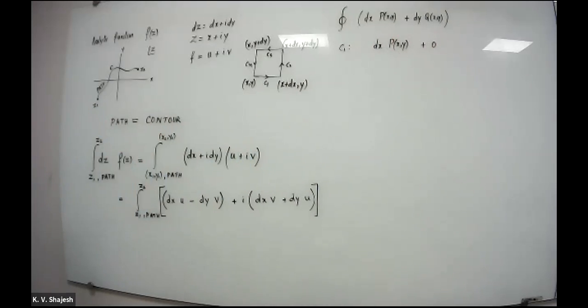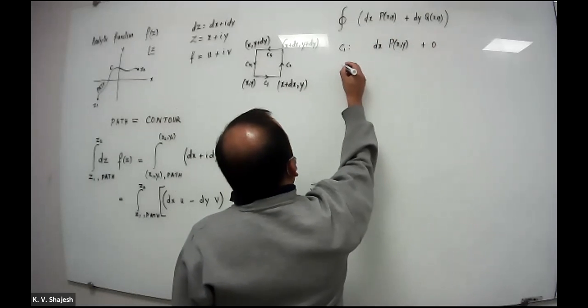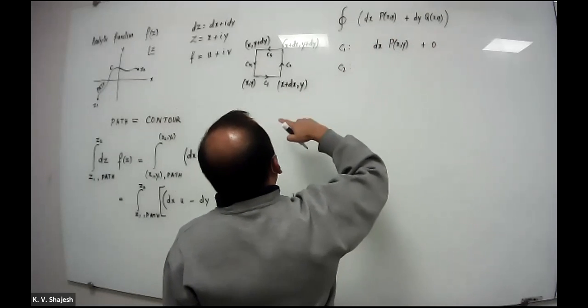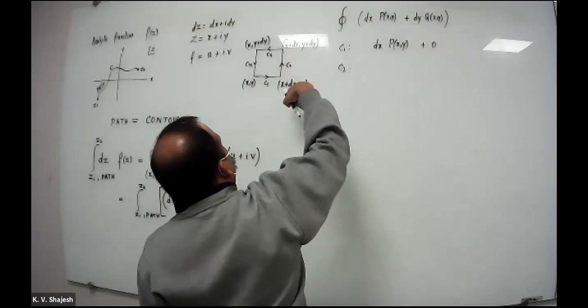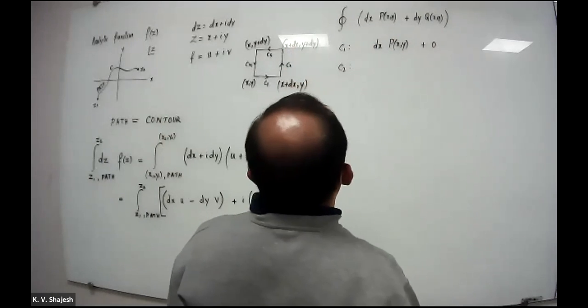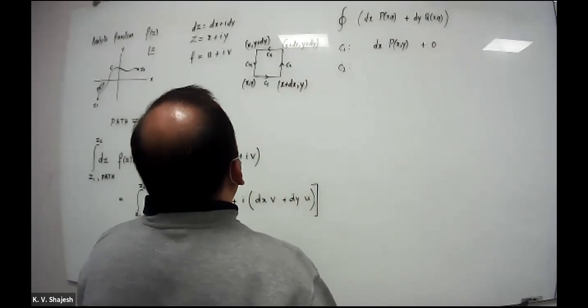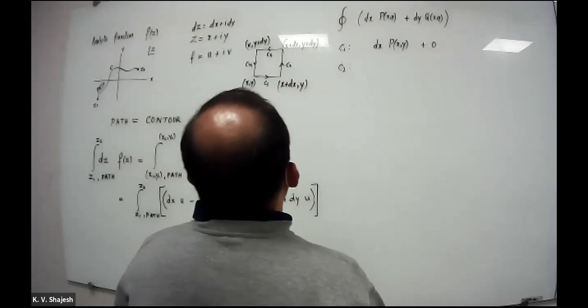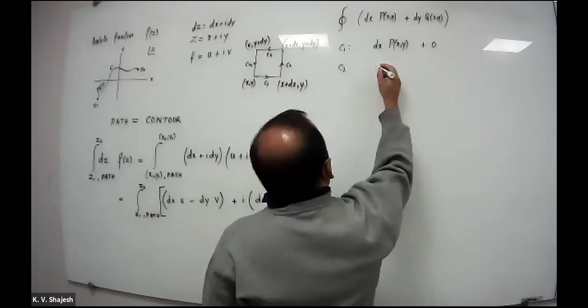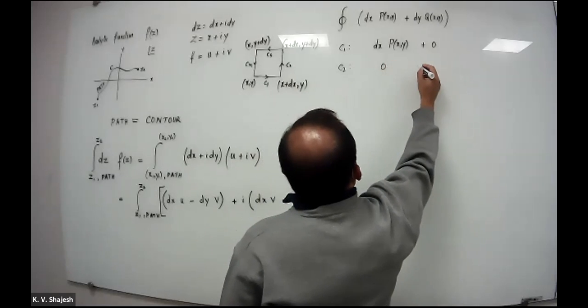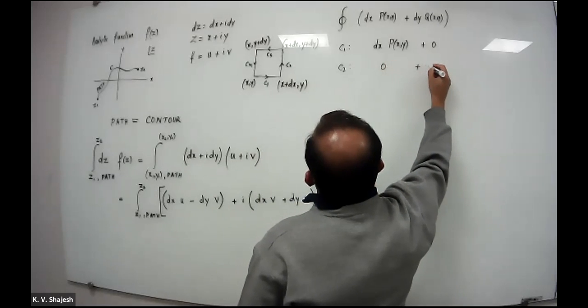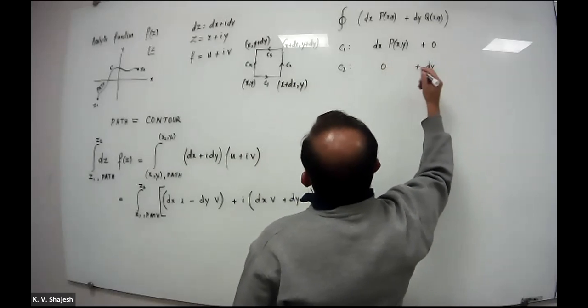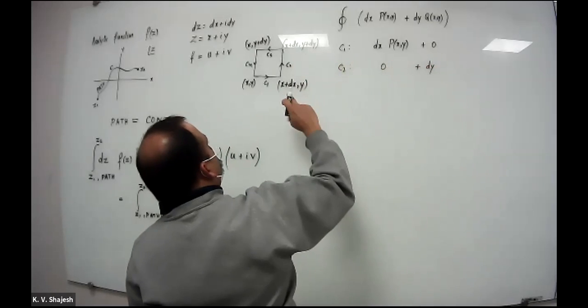Okay, that's right. On contour C2, the change in x is 0, but I have a change in y, so this is 0 plus dy times, but now I have to evaluate this at this point.